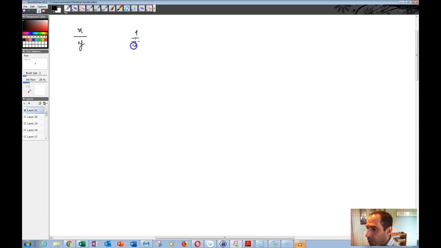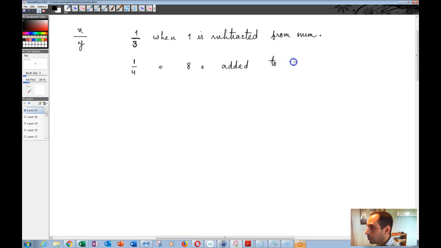It becomes 1/3 when 1 is subtracted from the numerator, and it becomes 1/4 when 8 is added to the denominator.